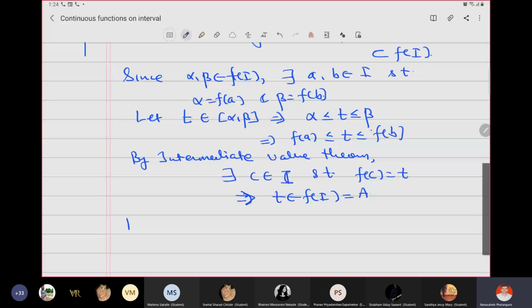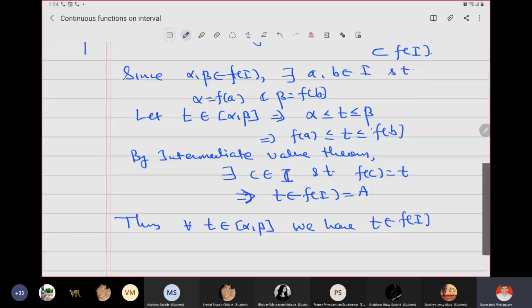Thus, for every t in between alpha and beta, we have t is a member of f of I. What is the conclusion of this? The entire segment is inside f of I.